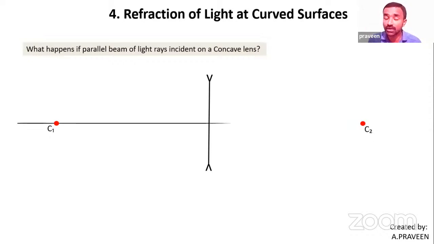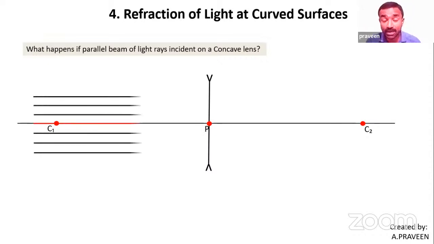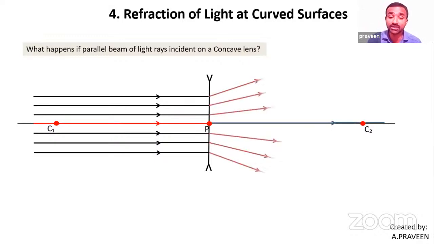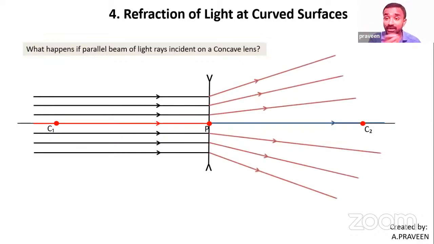Then focus a parallel beam of light rays, parallel to the principal axis. What do we observe? After refraction, they appear to diverge from a common point. That point is the diverging point.